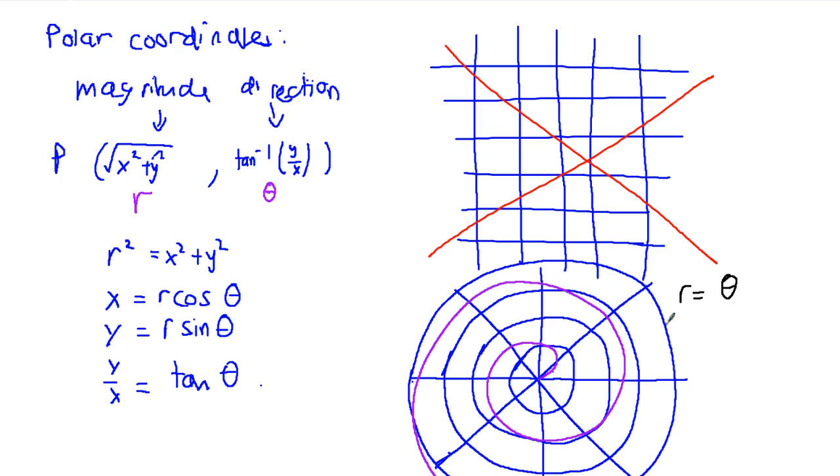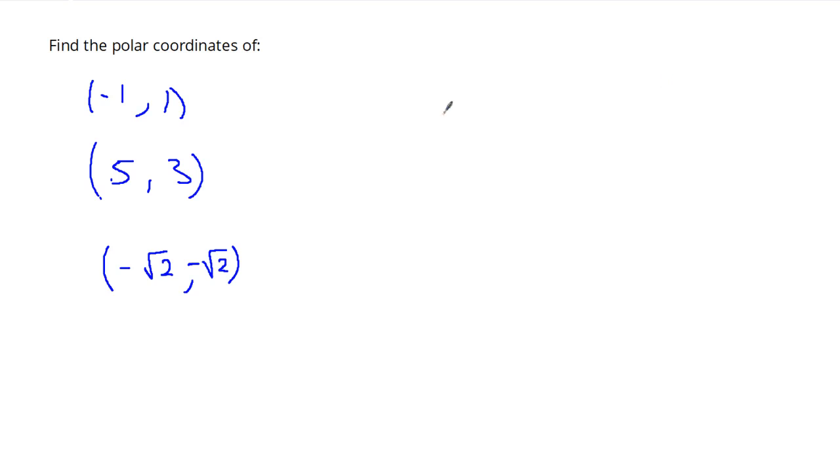So this is how the r equals theta spiral looks, whereas y equals x would just be a straight line. And these are 4 really important formulas that you should click right now. And I'm going to move on. So find the polar coordinates of -1 and 1.